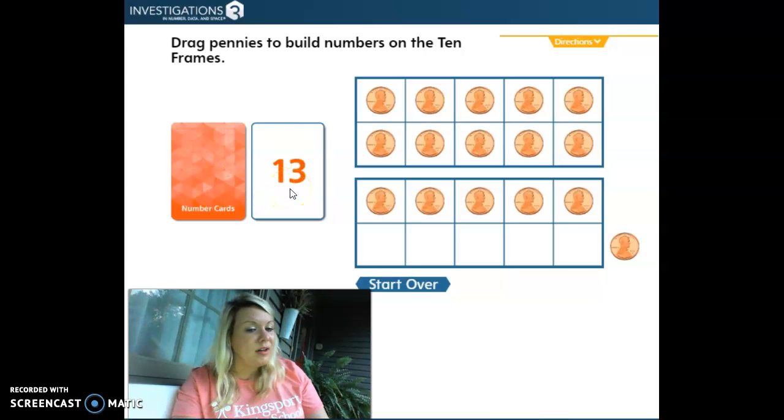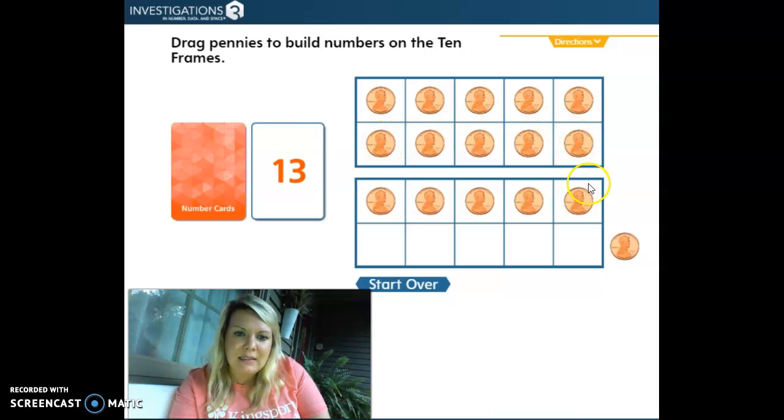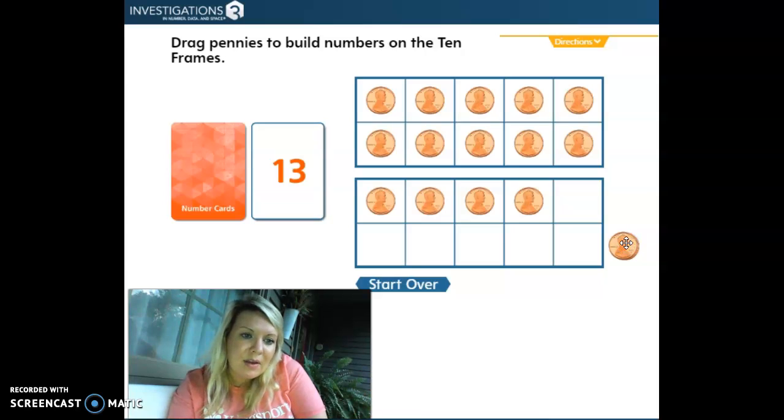Because the number 13 is less than 15. Well, we're at the number 15, so let's take one away. If we take one away, how many pennies do we have? We have 14 pennies. Is that the number 13 yet? That's not the number 13. Let's take one more away.